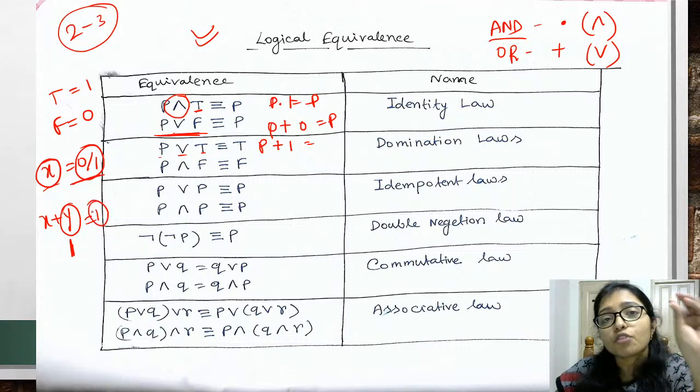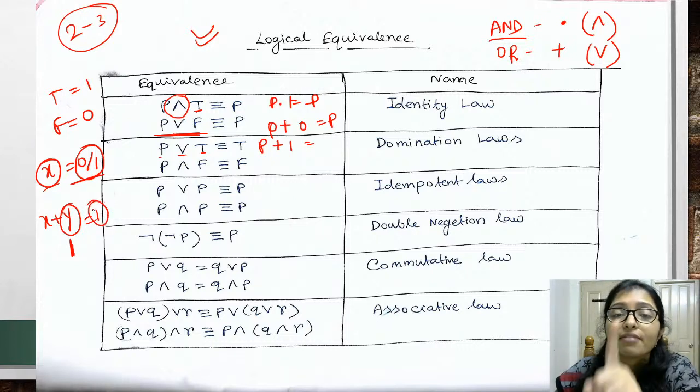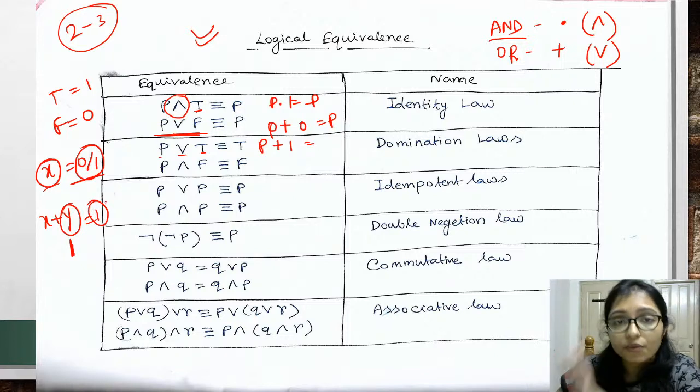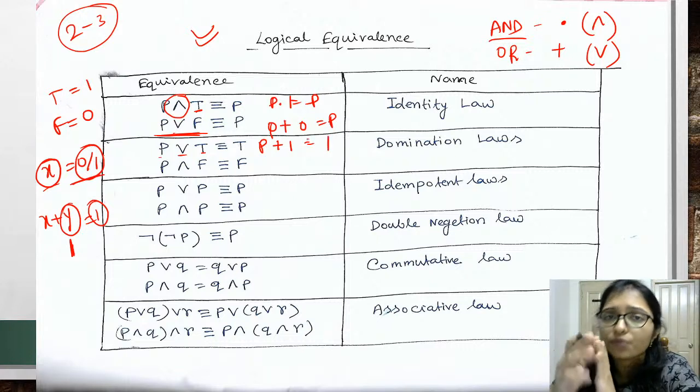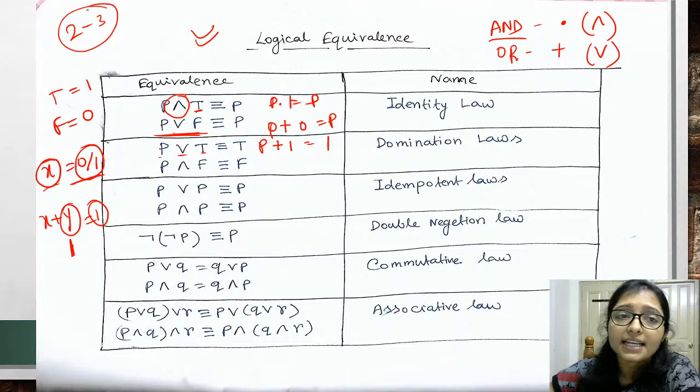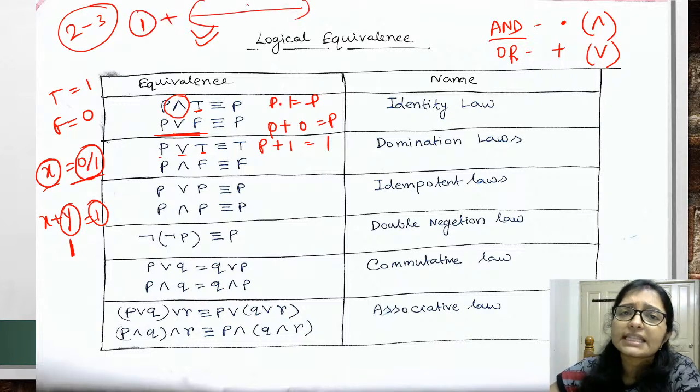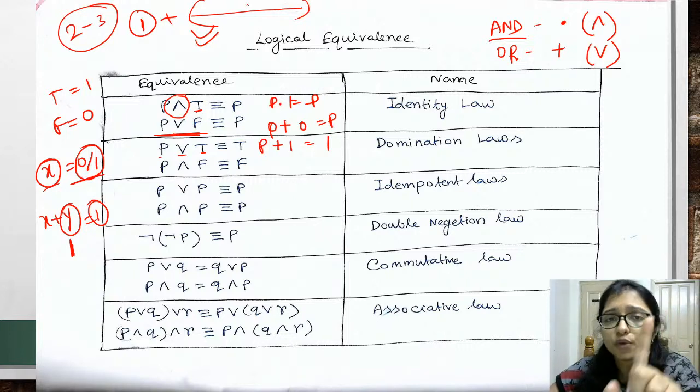For the OR gate, if one value is 1, then the result is 1. That's why P plus 1 is always 1.